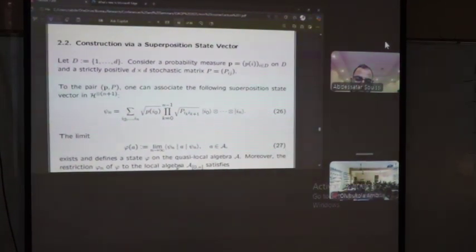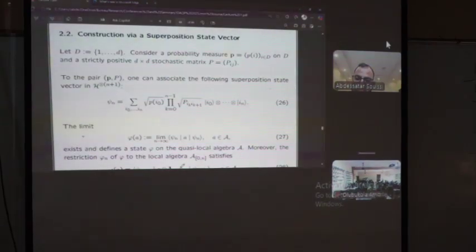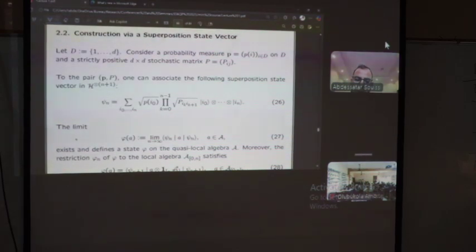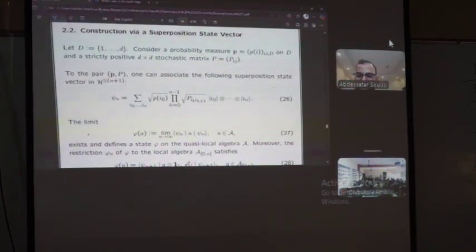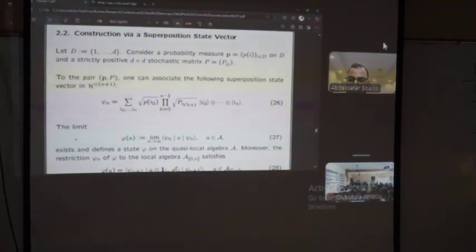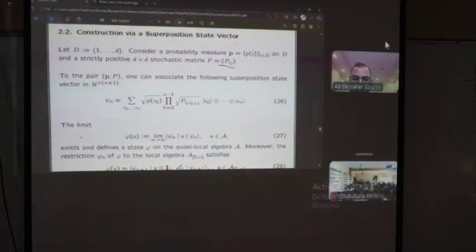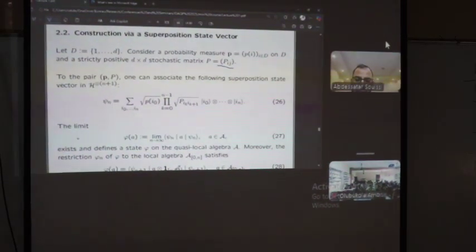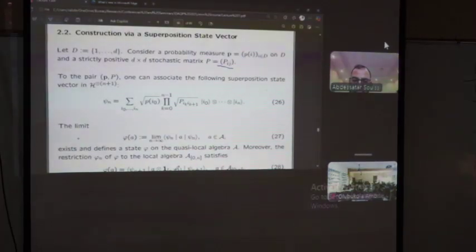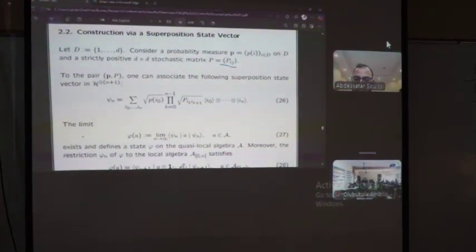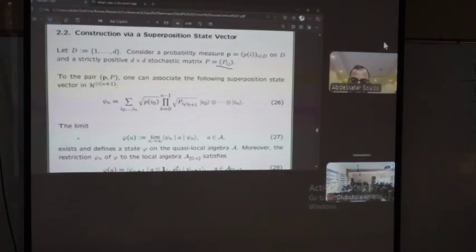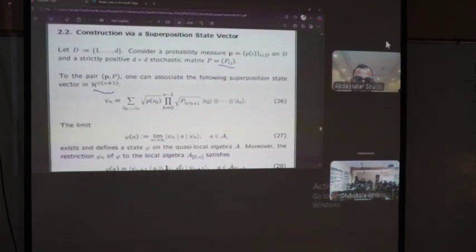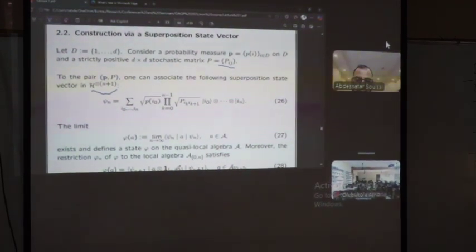We use the action on the Hilbert space H. We simply consider a classical Markov chain, with initial state P and transition matrix capital P. Here we take the space, and then we define this state vector psi n using the tensor of the base H. Psi n is a vector that belongs to the tensor power of the Hilbert space H.